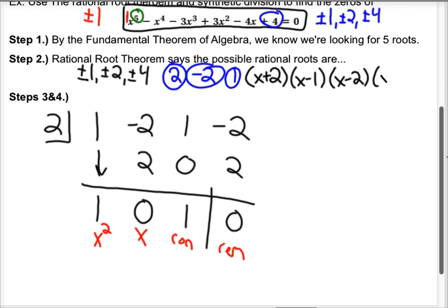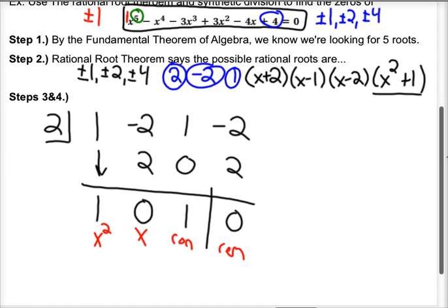And now we have left x squared plus 1, because there's no x term this time. We've worked our way all the way down, so we have a quadratic left. That's kind of our goal here, because quadratics we know what to do with. Quadratics we can actually solve.